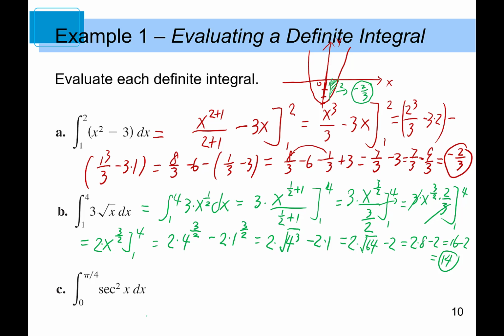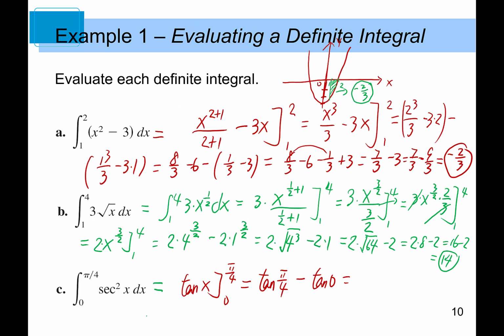And let's take a look at the third one. The antiderivative of secant x squared becomes tangent x. Nice and simple. From 0 to pi over 4. Now just plug in pi over 4 first, we get tangent pi over 4, minus plug in 0, we get tangent 0.